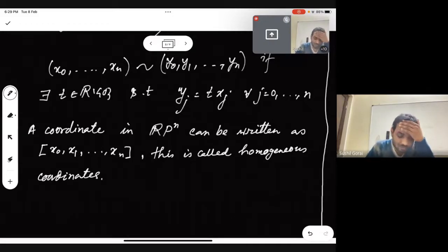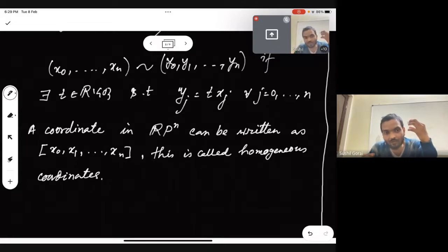Our concern is to look at an open set. For every point, we want to find an open set which will be homeomorphic to some Rn.